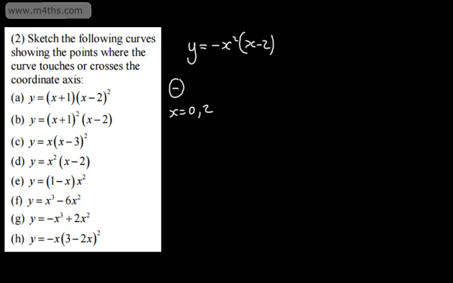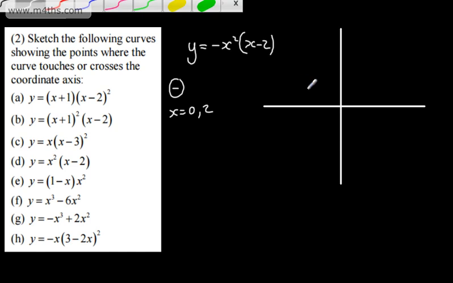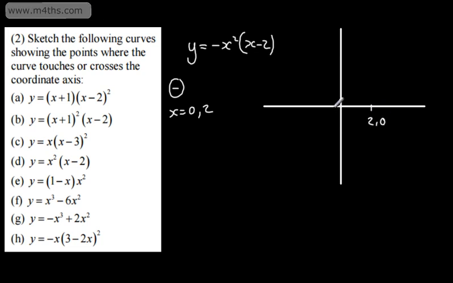So let's go ahead and draw a quick sketch. So you can see after a while these are relatively straightforward. So we've got on here the point just here, which is 2, 0. We've got now 0, 0, which is the origin. It's negative, and the repeated root is at the origin. So what we're going to have is something like so. That looks good. Obviously that'll come around a bit that way. That's just falling off the tablet.